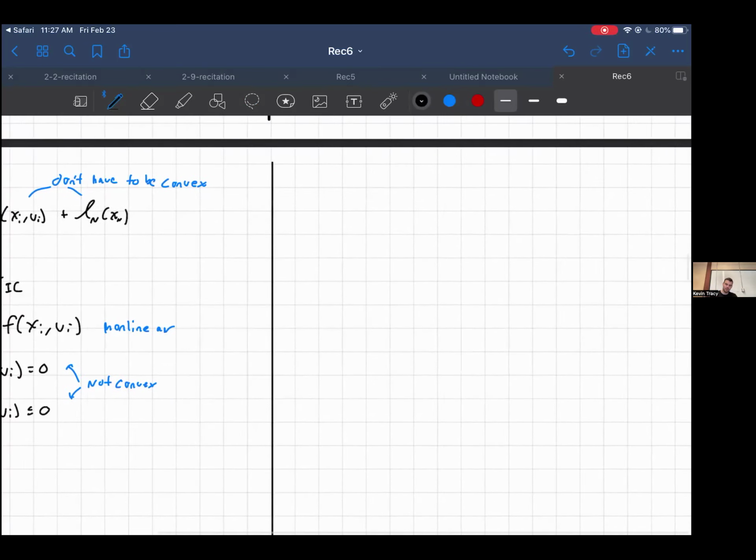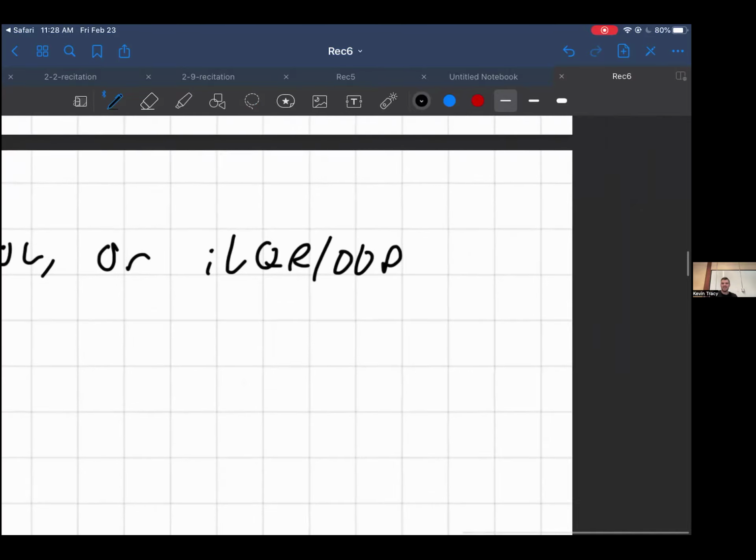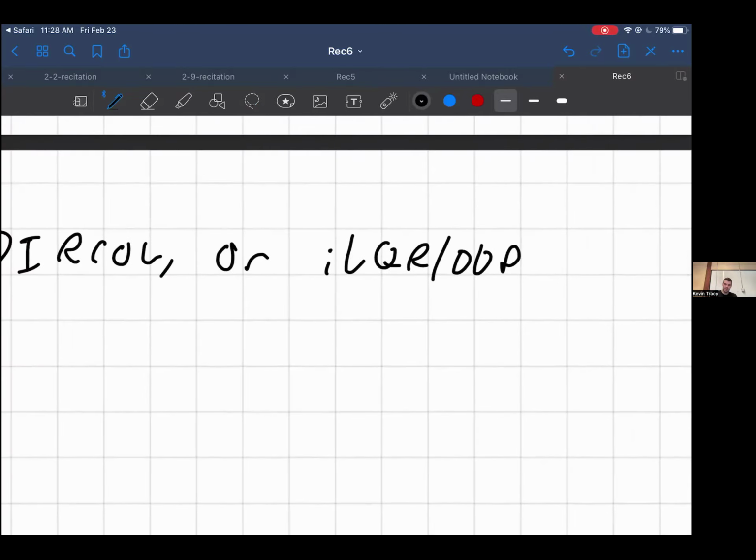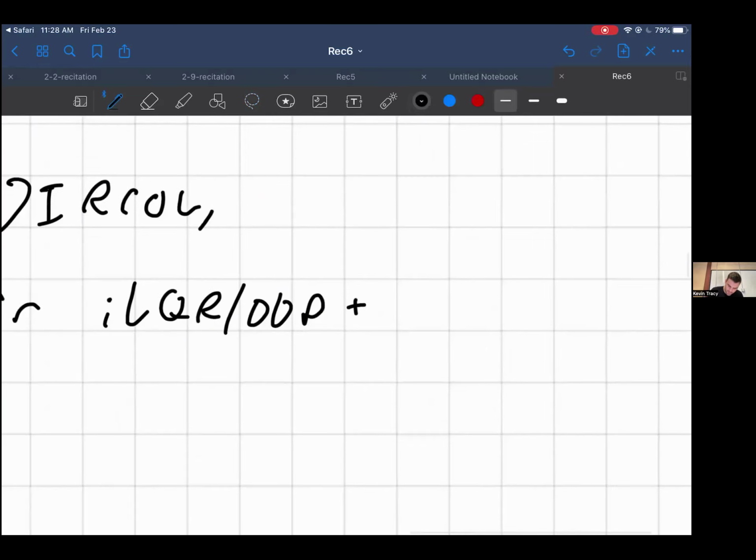Now this I can only solve with DIRCOL, or there's a bunch of other methods, but DIRCOL will handle this no problem, or iLQR plus some constraint handling.